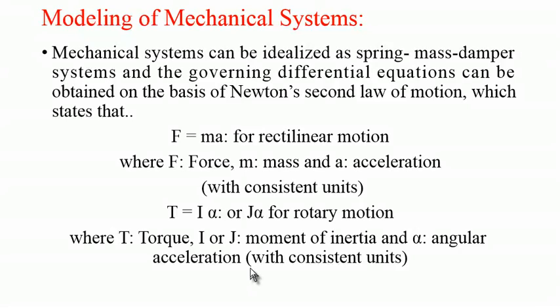So first, listen here. The modeling of a mechanical system is idealized as a spring, mass, and damper. The governing equations for the spring, mass, and damper can be obtained on the basis of Newton's second law of motion. What is Newton's second law of motion?